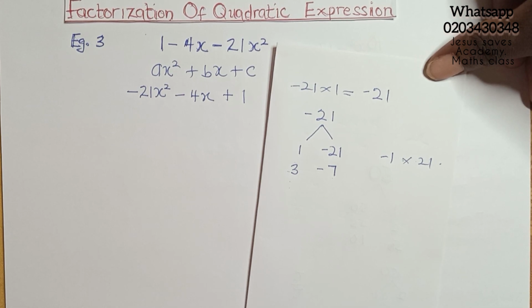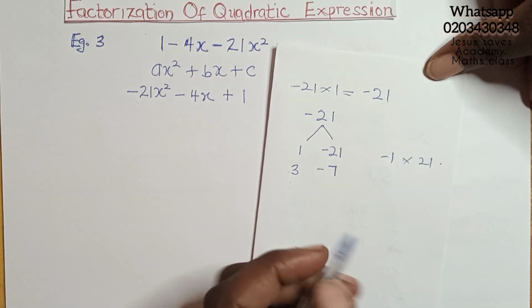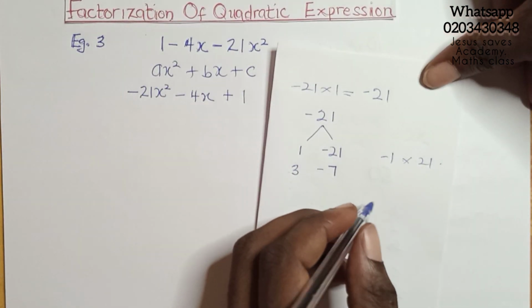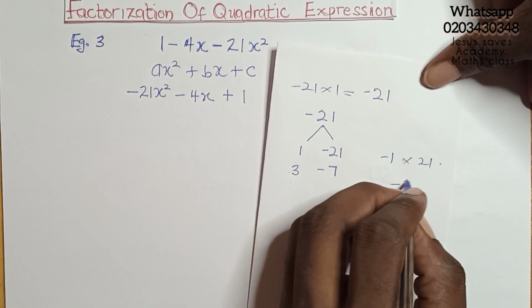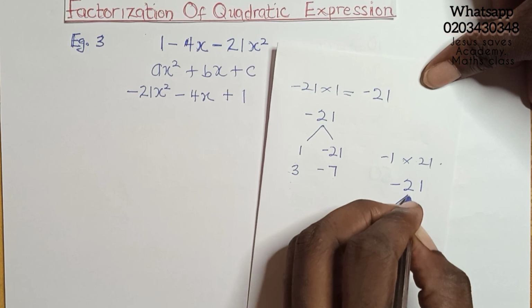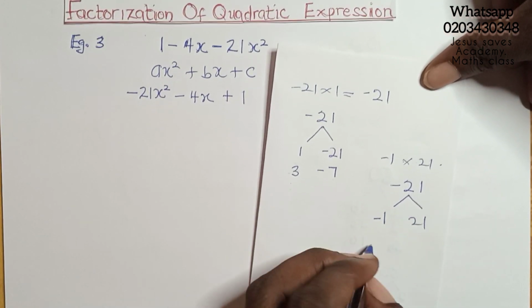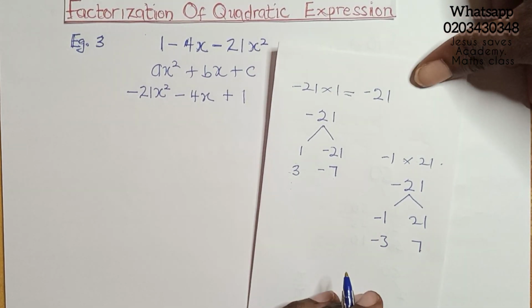So now let's look at these factors. In case you cannot find them easily, you have to list them: 1 and negative 21, negative 3 and 7.